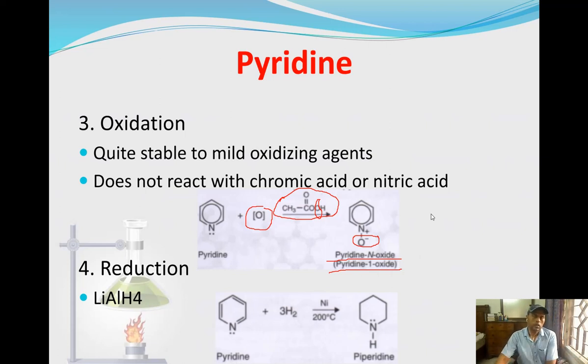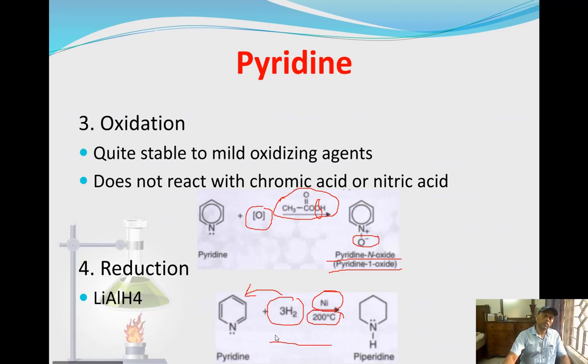Next is the reduction using hydrogen in the presence of nickel as a catalyst at 200 degrees centigrade. So you are going to subject it to hydrogenation. You are going to do the saturation of the pyridine ring. You are going to get piperidine.